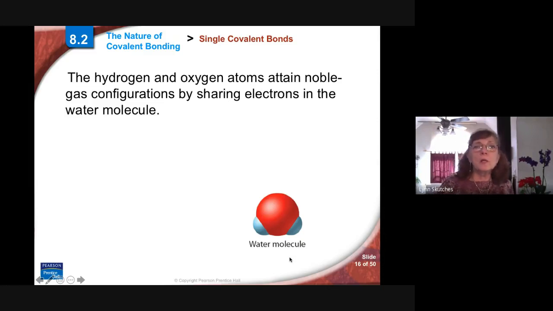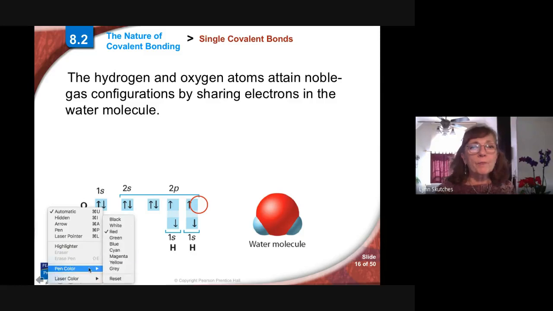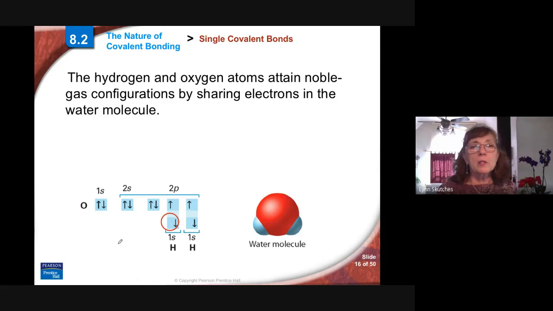Hydrogen and oxygen are going to bond to make a water molecule, and in doing so, they share valence electrons. Oxygen has 6 valence electrons, 2 of which need a buddy. Hydrogen has 1 valence electron, and so it's missing a buddy as well.